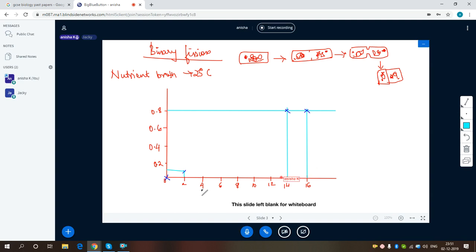So it is 0.10. Again, this will be somewhere here. The plot will be here. At 6 hours, it would be 0.2, exactly at 2, right?